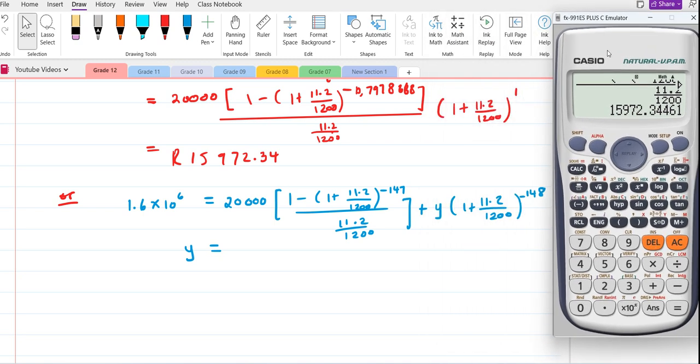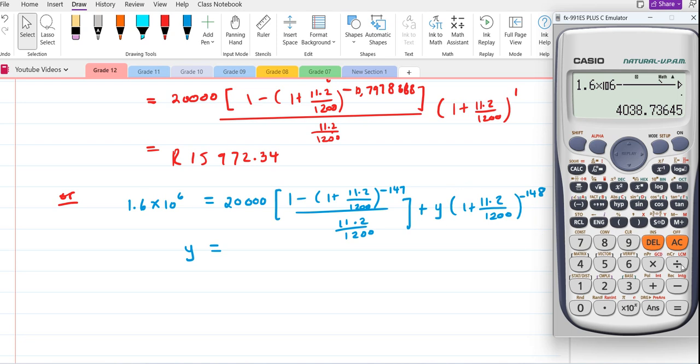I'm taking 1.6 times 10 to the power 6 minus 20,000 over 11.2 over 1200 back onto the numerator into 1 minus (1 plus 11.2 over 1200) to the power negative 147. So I get the first part of the answer. This minus this. Now I need to divide it by this entire factor here.